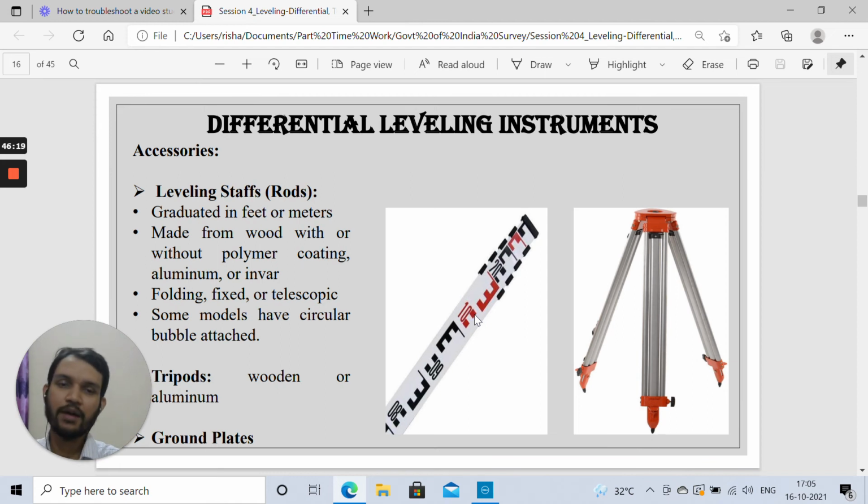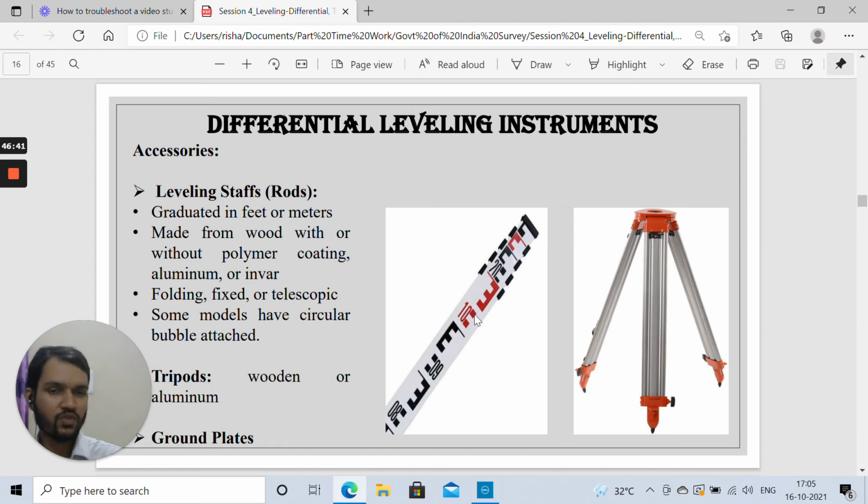That's why they are provided in alternate red and black color. In the upcoming slides I have given the leveling staff. If the leveling staff is of this type, then I will show how you can take readings in it. I have devoted 2 slides to see how, with the help of the leveling staff, where the crosshairs intersect, we can read the reading on the staff.